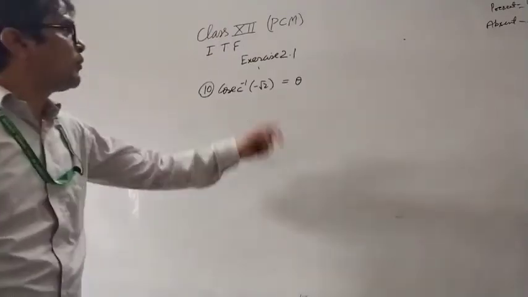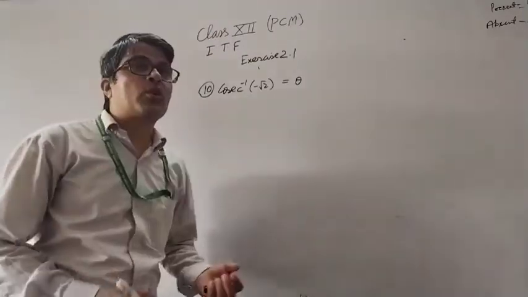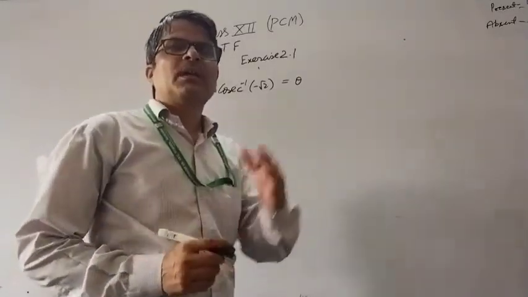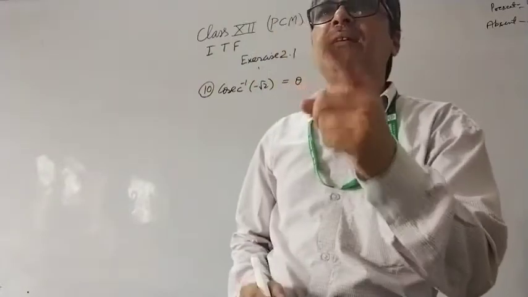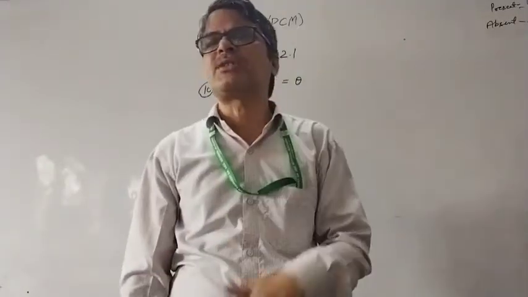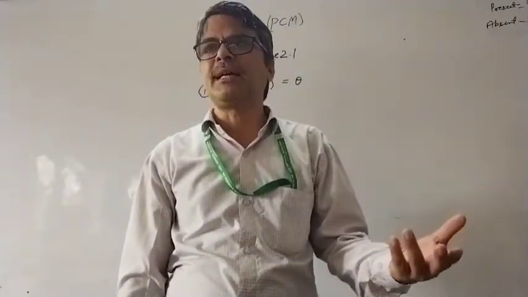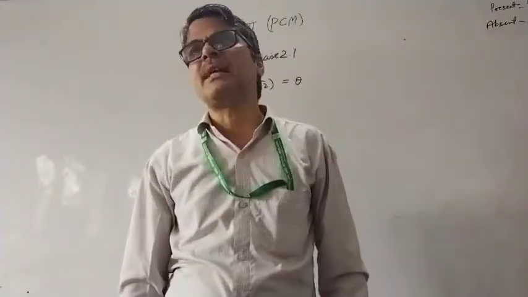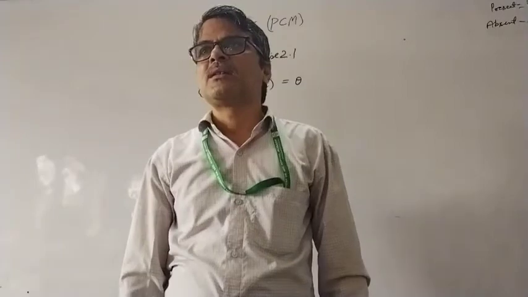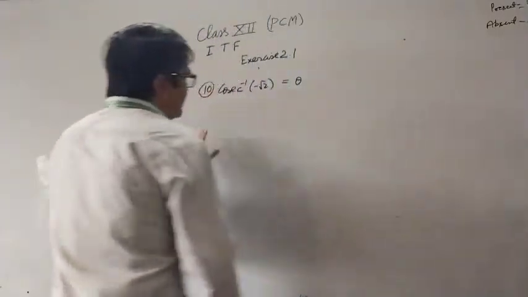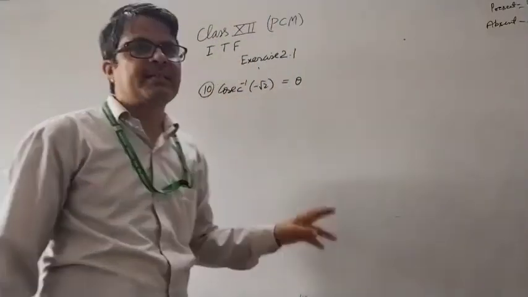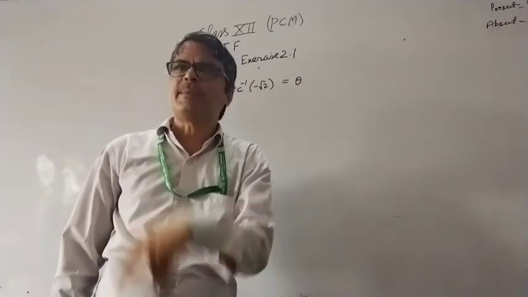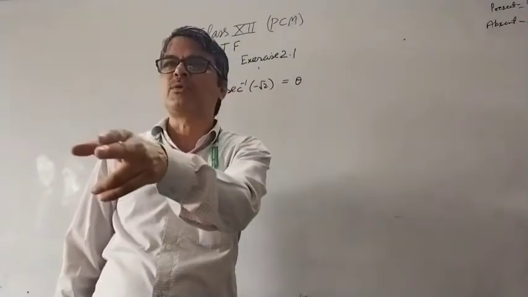Here we are going to find out the principal value of cosec inverse minus under root 2. So you have learned in class 10 that cosec is inverse of sin theta, sec is inverse of cos theta, and cot is inverse of tan theta. Here nothing will happen if you write cosec in the form of sin theta, because cosec and sin both have range minus pi by 2, pi by 2.